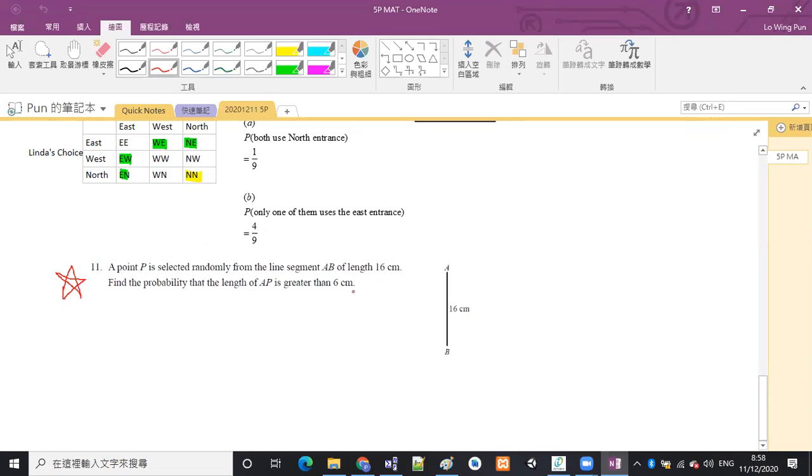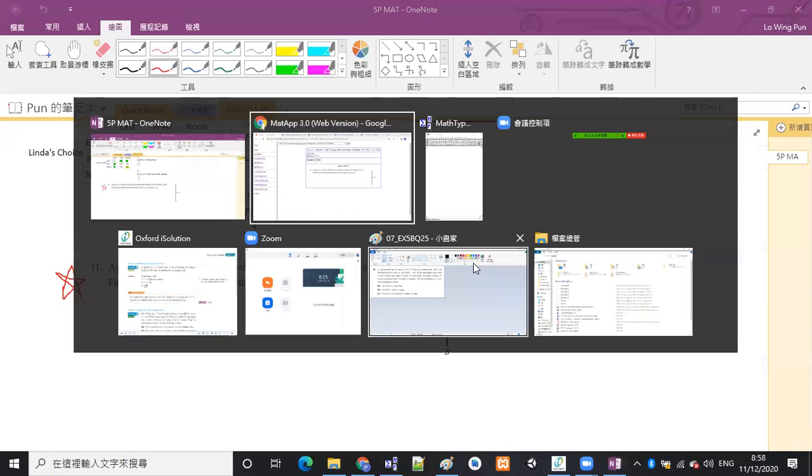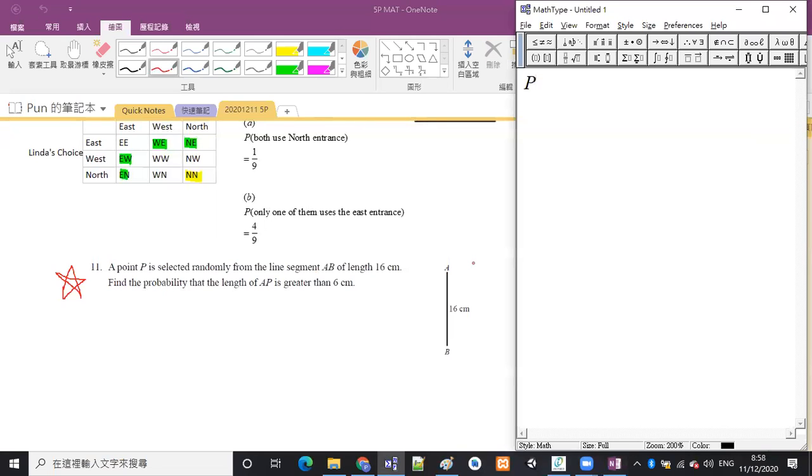What we are doing is selecting from this 16 cm. Okay? So the probability is a fraction, still a fraction, and then the denominator is just considering what we are doing. We are selecting a point from the line segment of 16 cm. So we have 16 cm for us to choose.